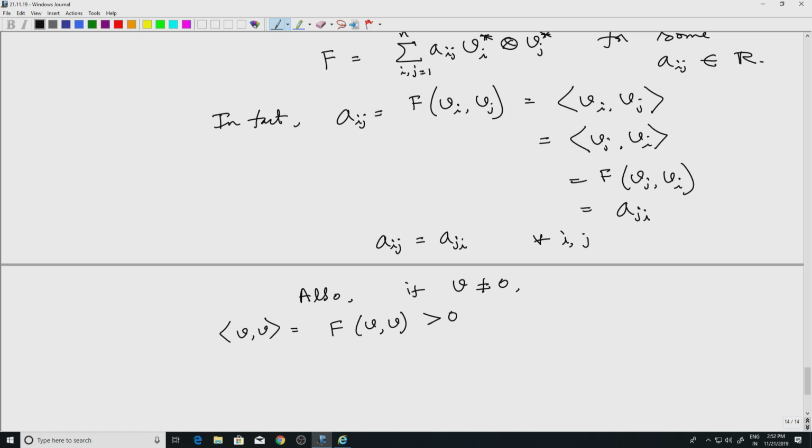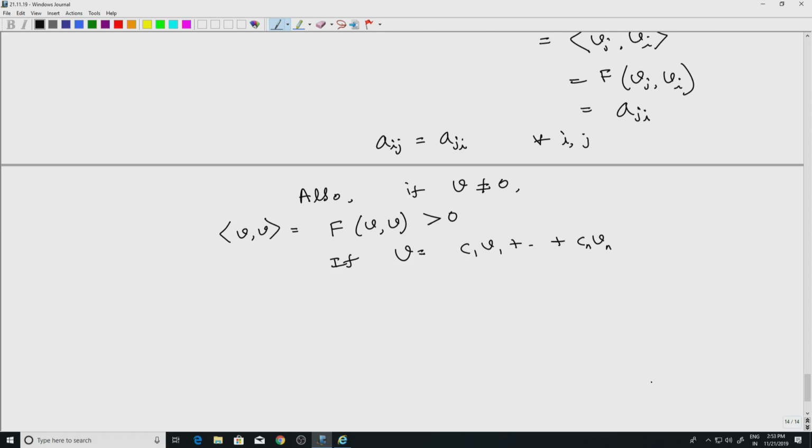If we write v equals c1 v1 plus ... plus cn vn, then as we had done earlier, we can expand f(v, v) as the summation over i, j of ci cj f(vi, vj), which is the same as the summation over i, j of ci cj aij.